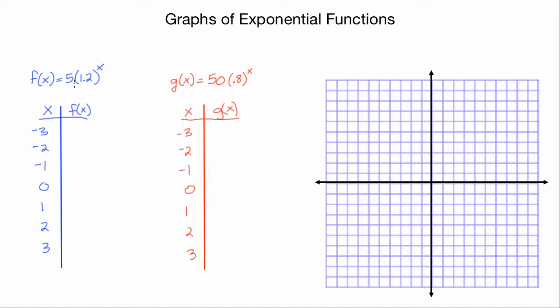So in the first case, if I take 5 times 1.2 to the x power, if I put negative 3 in, we get 2.89352. If I put in negative 2, we get 3.47222.